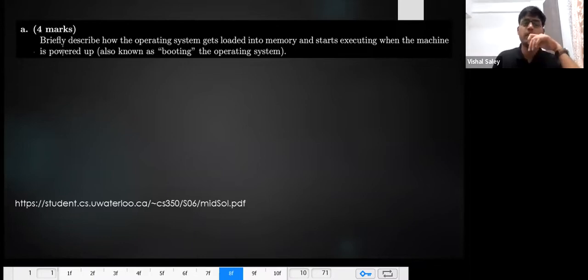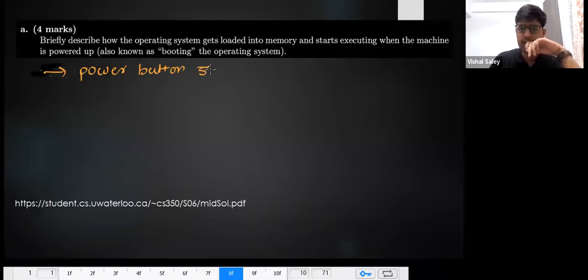So when you press the power button, it basically sends a reset signal to the CPU.